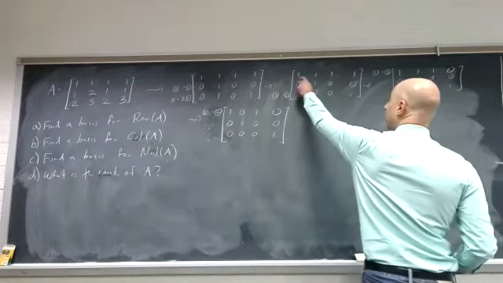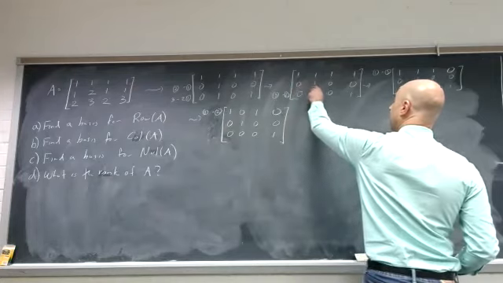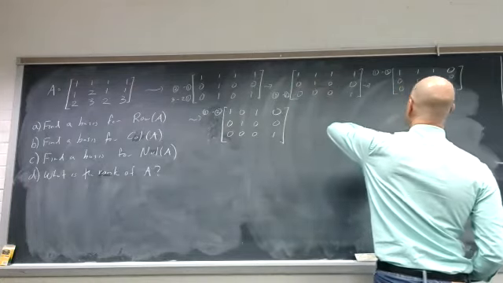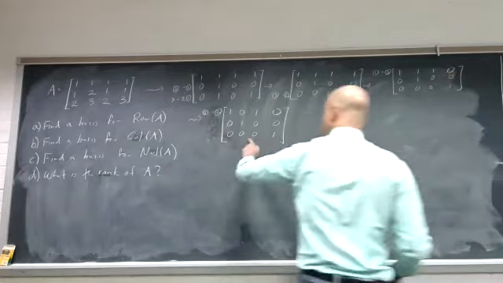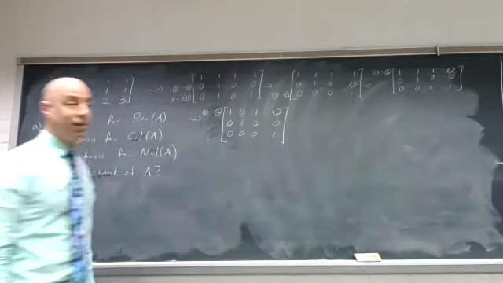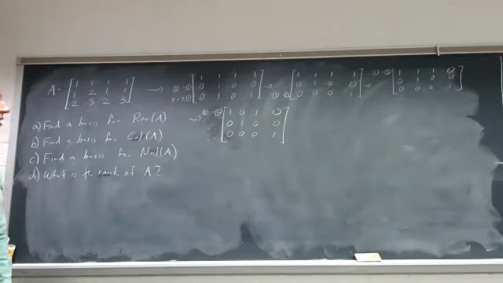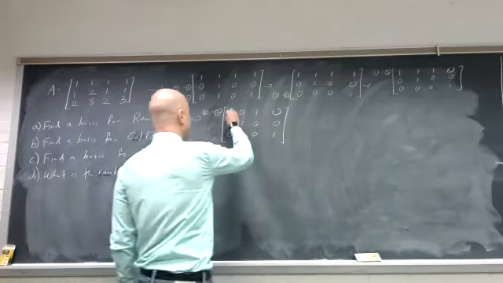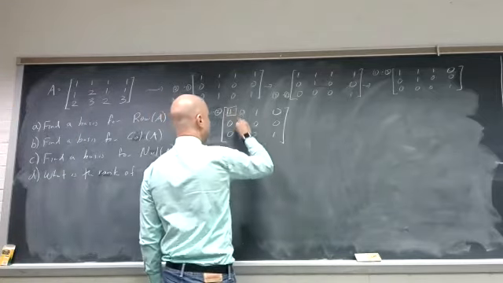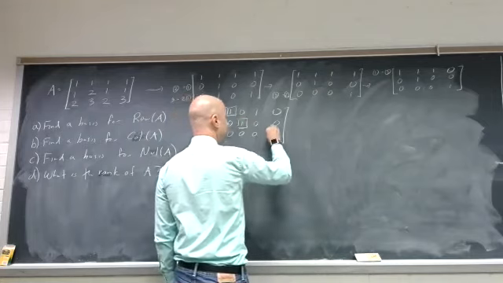So by this point, actually, we're already in echelon form. Then we just keep going till we get it to reduced echelon form. At least I did. And so we see a pivot position here, a pivot position here, and a pivot position here.